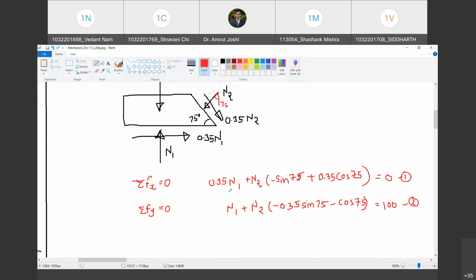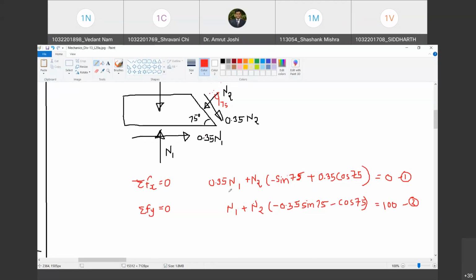I want the independent confirmation. So what is the first thing? 0.35, then minus sin 75 plus 0.35 cos 75.